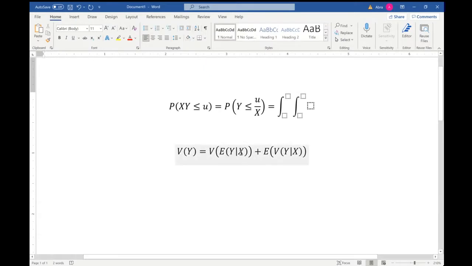So if we know what X is, then how do we find the expected value of the total claim amount?